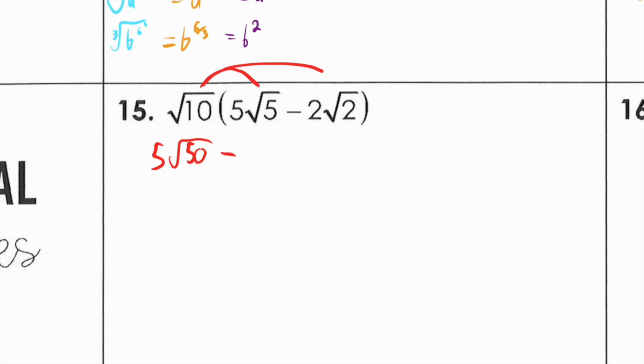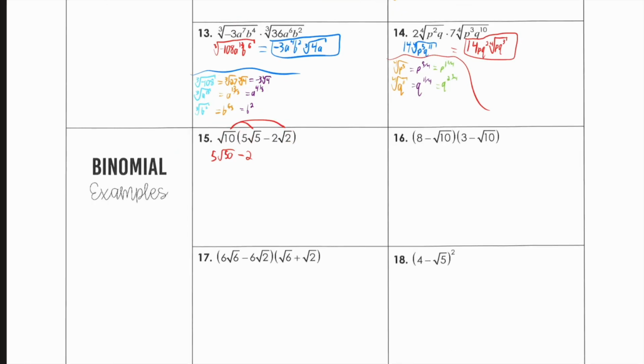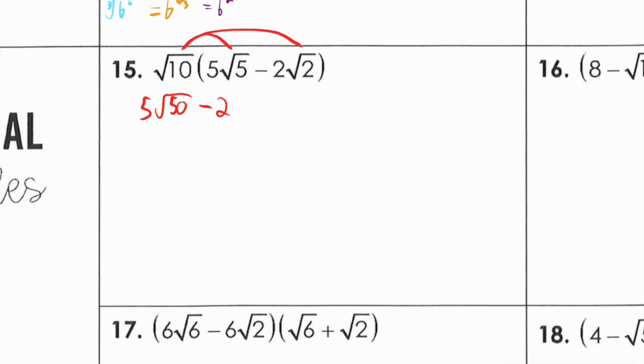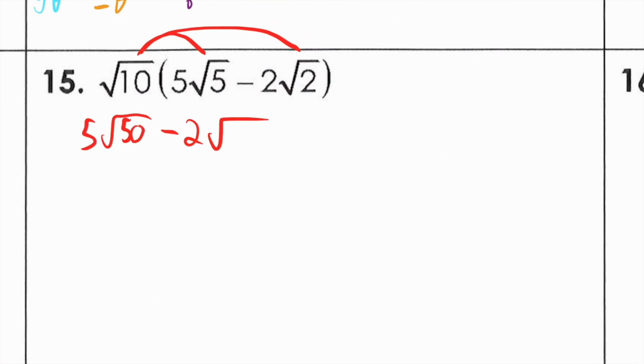Minus square root of 10 times 2 square root of 2. So this 2 is on the outside still. And then 10 times 2 on the inside gives us square root of 20. And so now we simplify each of these. So this first one ends up being 5 times the square root of 25 square root of 2.